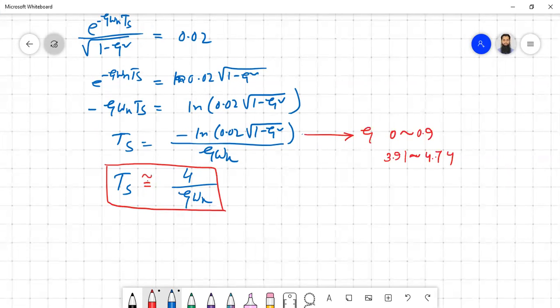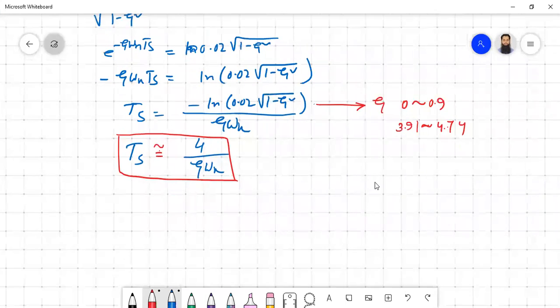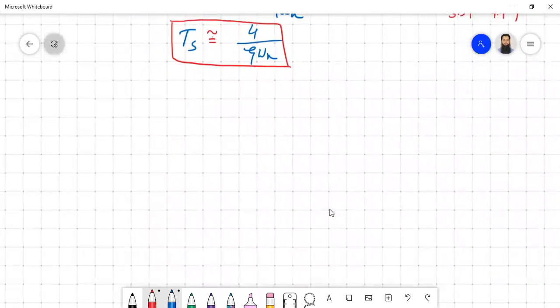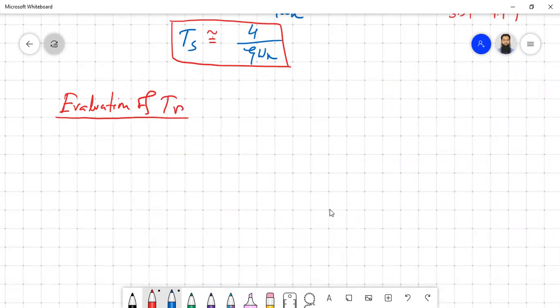Now the last one is the evaluation of the rise time, tr. As we said, if you try to derive it from 5% to 95% value, or from 10% to 90%, then it is difficult to derive.